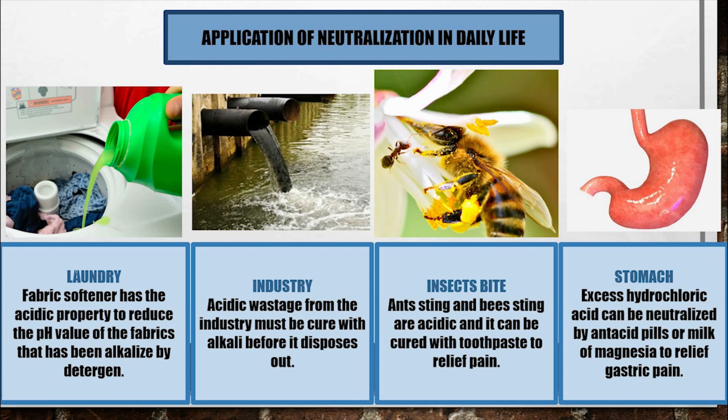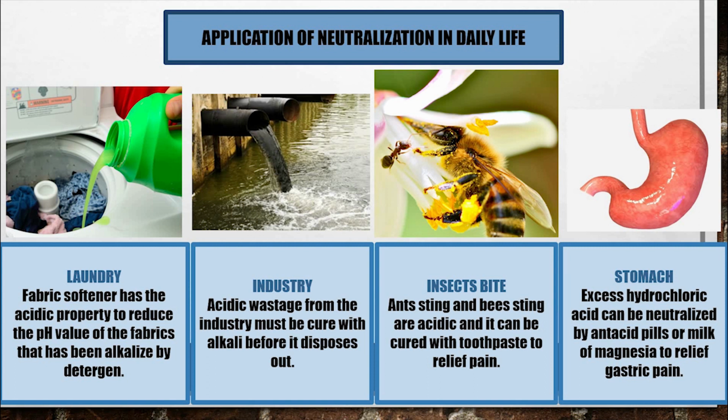Why must the fabric softener have acidic properties? Because it is used to reduce the pH value of the fabrics that has been alkalized by the detergent. Since the detergent is alkaline, the fabric has been alkalized. So when we wear the shirts, sometimes we feel itchy. So we require fabric softener in order to reduce the pH value of fabrics.